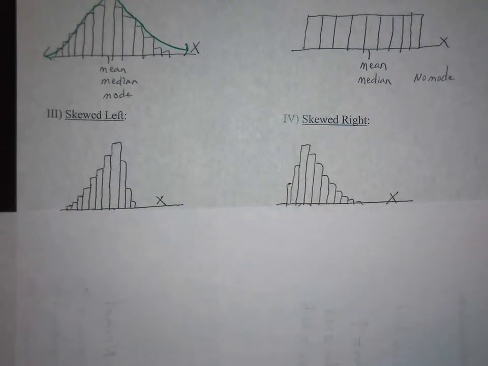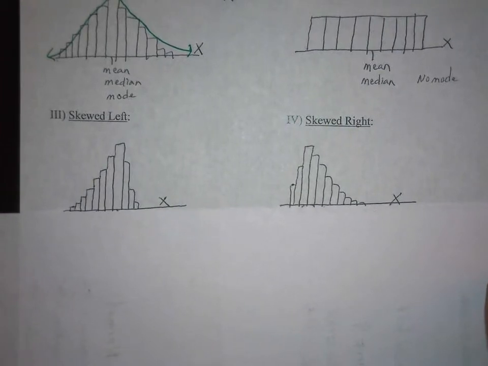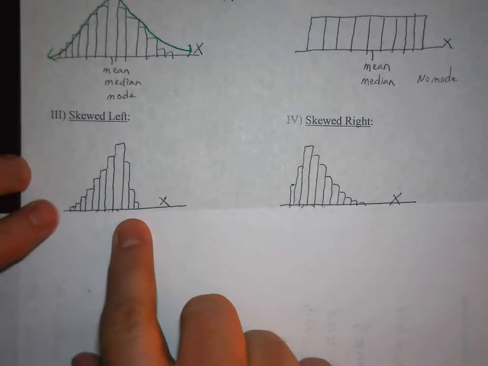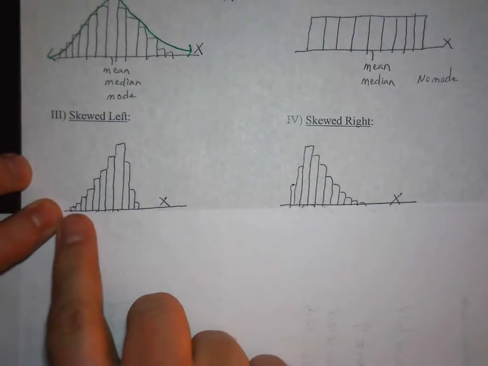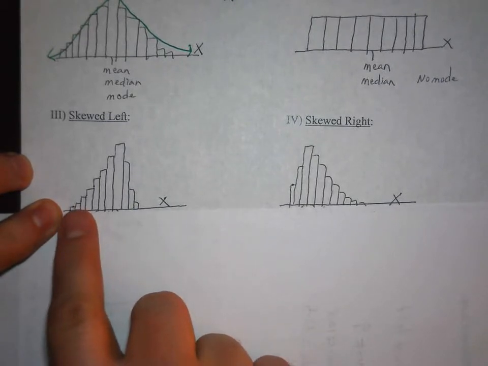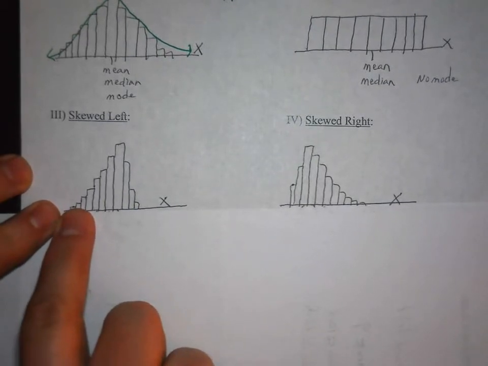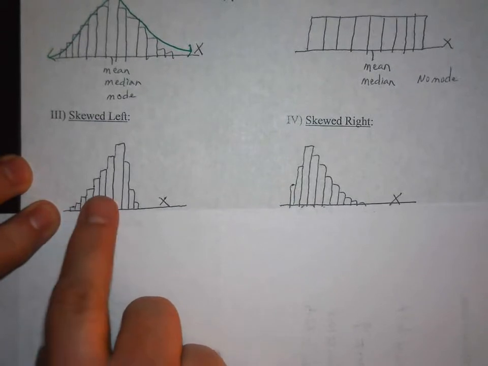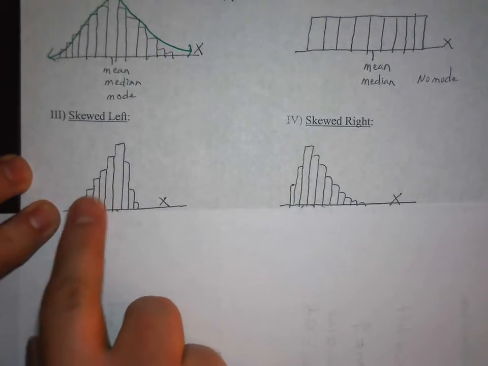The median and the mean are a little trickier. But remember, the median means the middle number. With skewed left, the height of the bar is the number of times x occurred. So there are not very many out here to the left, with the first bar, then the next one, but eventually they add up to start being more significant.